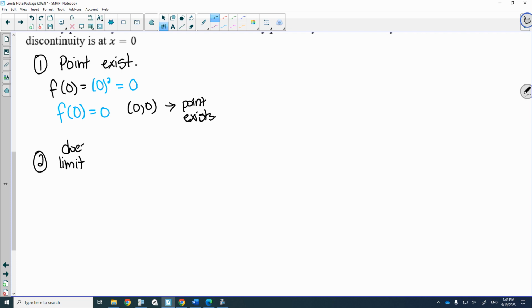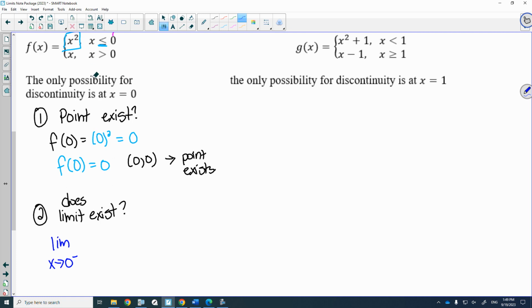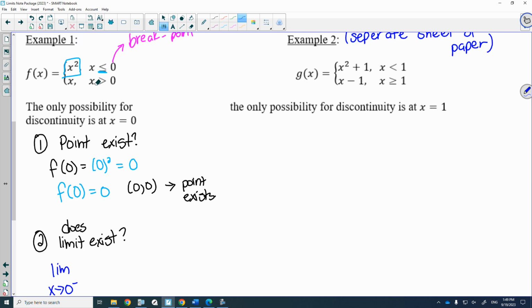Second thing we need to check is, does the limit exist? We did this yesterday. In order for the limit to exist, we are checking the limit as x approaches 0 from the left, and we have to decide which function we plug that into.